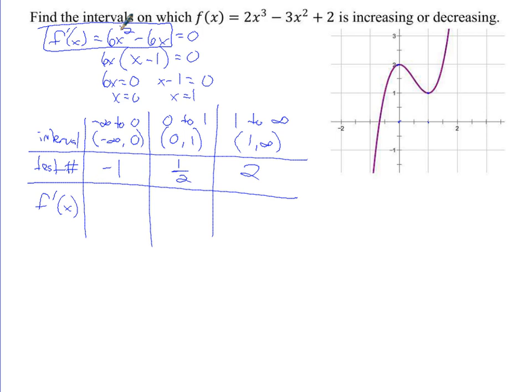Negative 1 squared is positive, so I have positive 6 here. And then negative 6 times negative 1 is positive. I'm going to wind up positive. That means I'm increasing over that interval. So I'm going to write increasing. Then over this interval, we have 1/2.